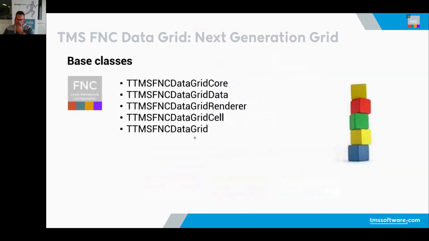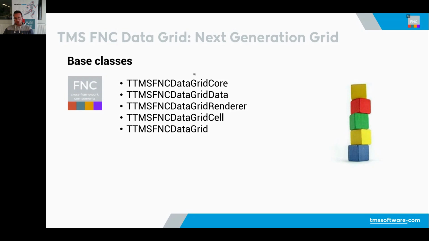Okay. So next up will be the class structure and the naming of the classes. You see that the naming scheme starts with TTMS FNC, which is common for all FNC components. And then the important keyword is Data. It might be confusing with the FNC grid for now, but I assume that when you search for the data grid, it will pop up in the tool palette with that naming scheme.